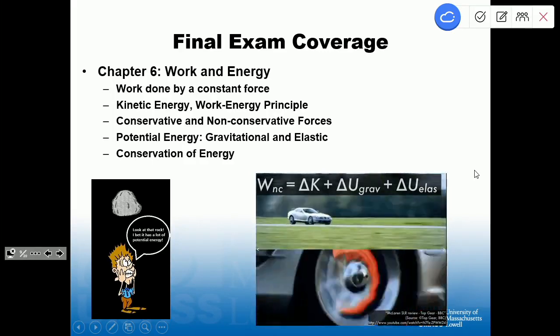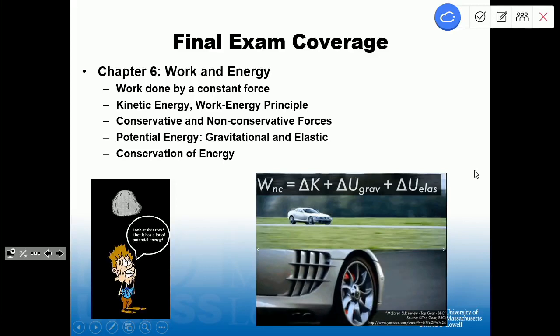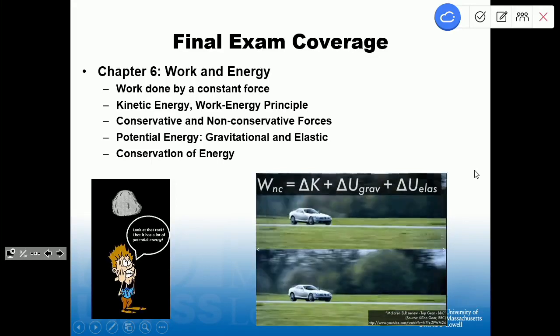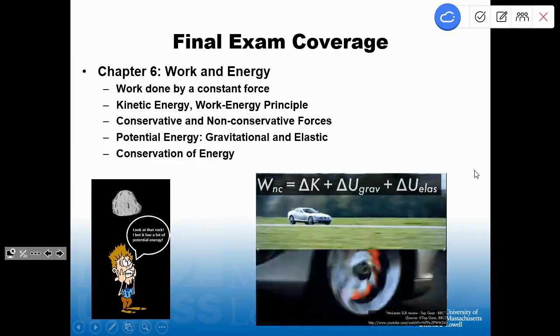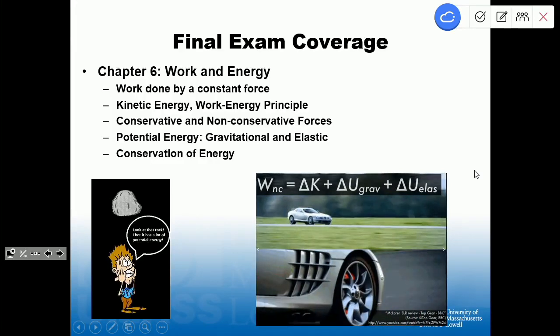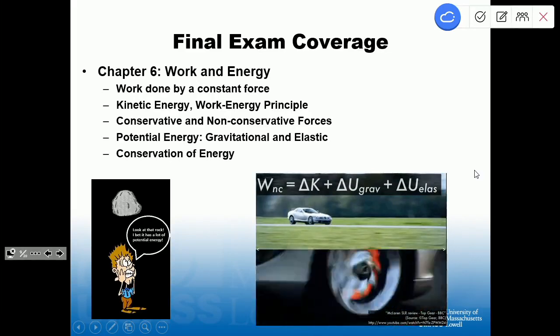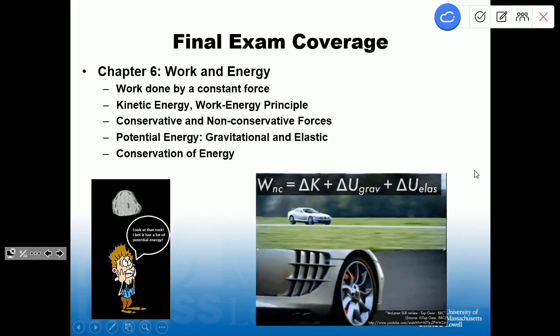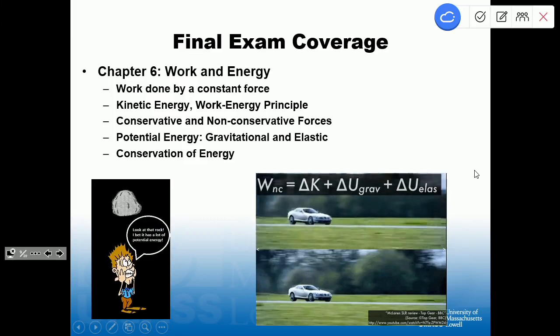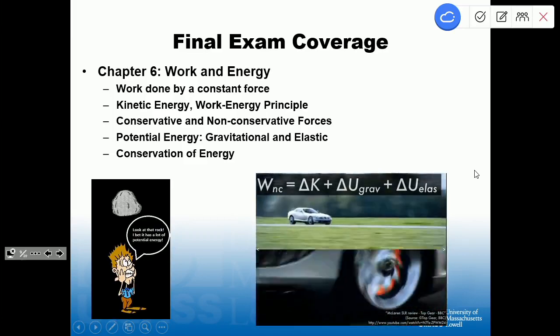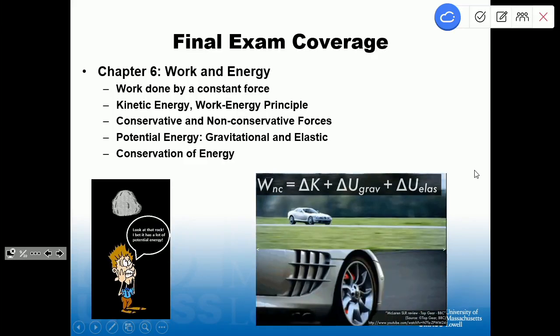Then we came to what we call the work energy principle. That depends on us defining the energy involved in a moving object. Any moving object of mass m with some speed v has the ability to bump into something else and make it move, so it has the ability to do work.